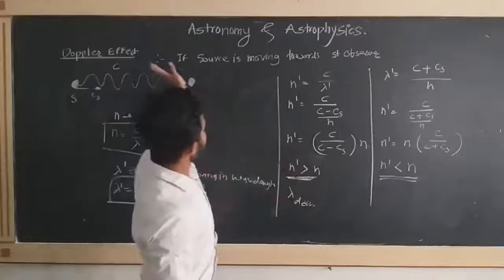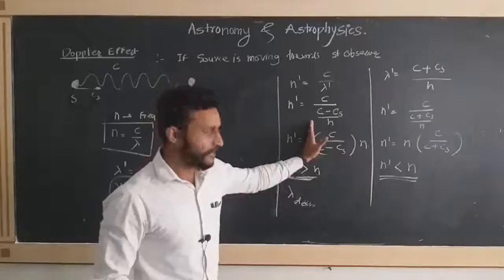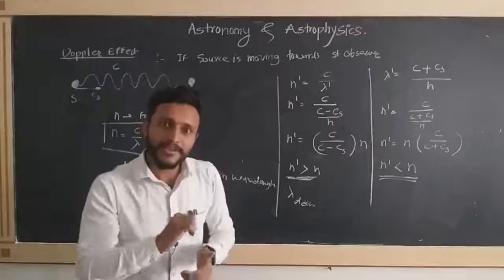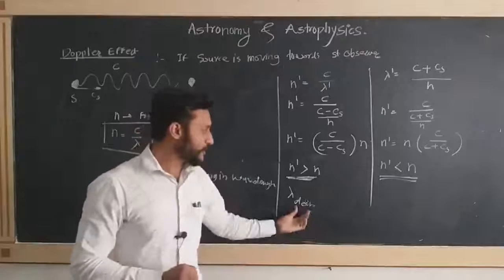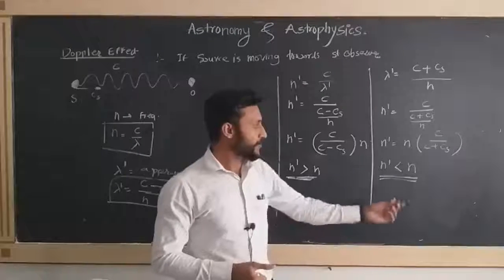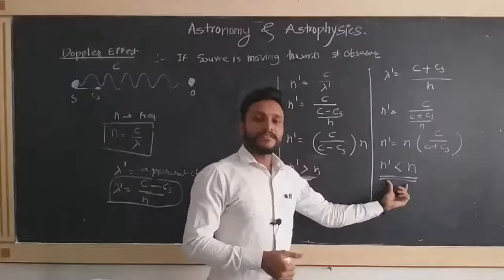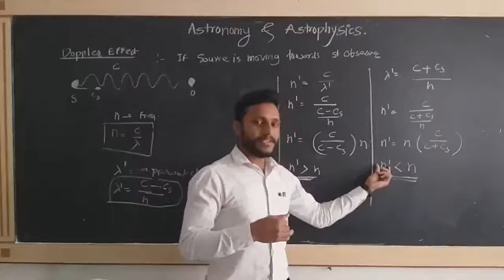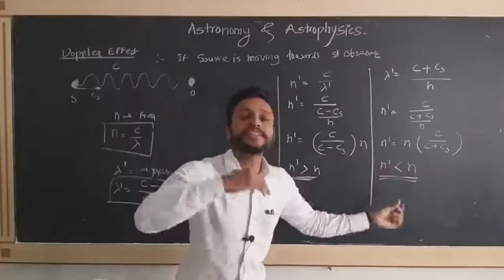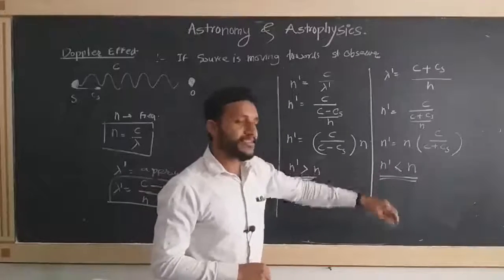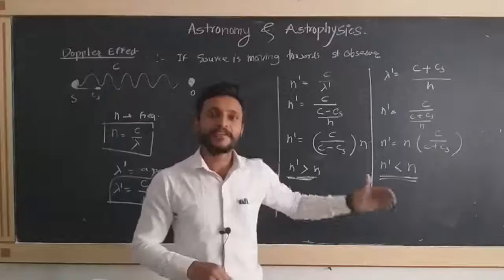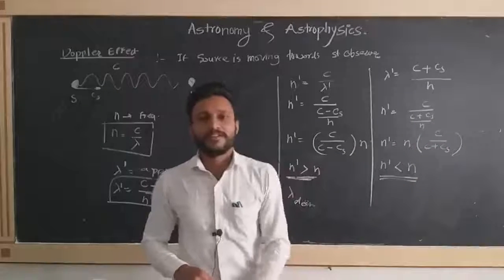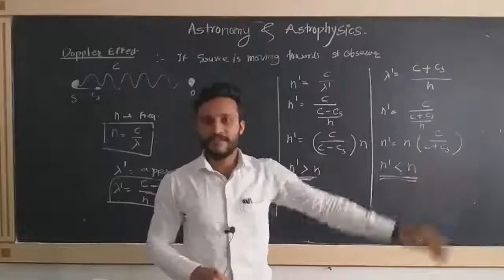So when the source is moving towards the observer, lambda is less. Blue color has the shortest wavelength, right? When the source is moving away from the observer, the apparent frequency is less and the wavelength is more, and hence the sky looks reddish, having the highest wavelength, when the sun is in horizontal position.